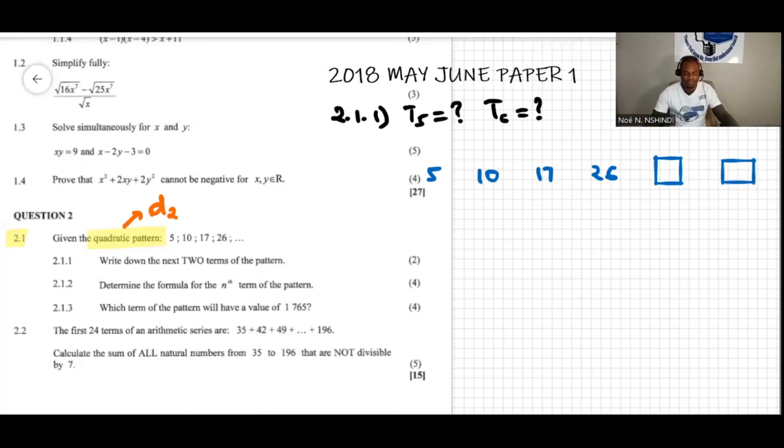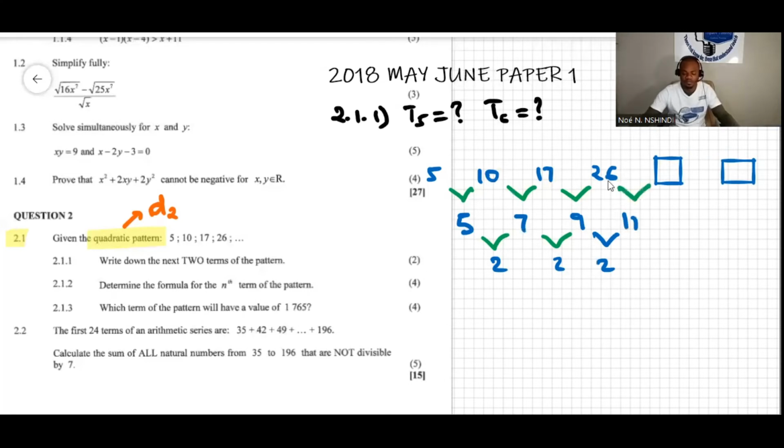Now, let's first work out the first difference. The first difference here is 5, and then that's 7, and that's 9. Now the second difference, D2, will be 2, and then 2, we see the constant. Now, the difference between the following terms in the first difference must still be constant. So over here it must be 11, since the term here minus 9 will be 2.